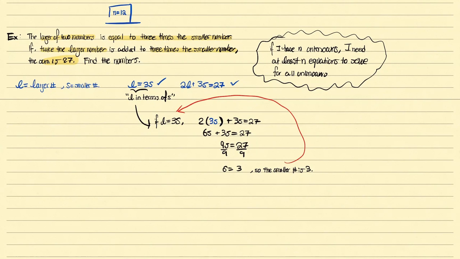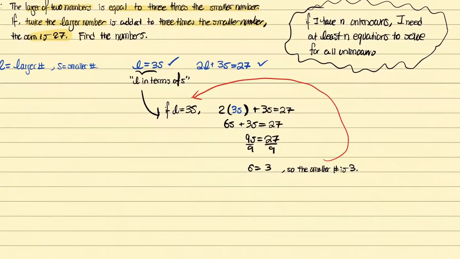The larger number is 3 times the smaller number. If the smaller number is 3, that means the larger number is 3 times 3. So it's 9. So the larger number is 9. The numbers are 3 and 9.